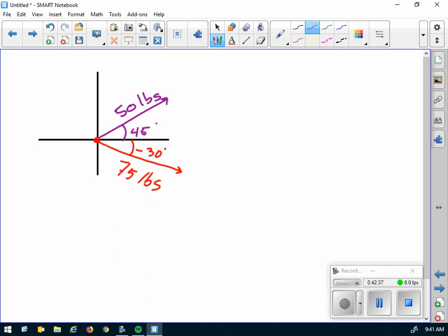This is Gus. Gus is pulling at 50 pounds of force this direction. And Jael is pulling on this rope at a force of 75 pounds. Sorry, Gus. You had it coming.